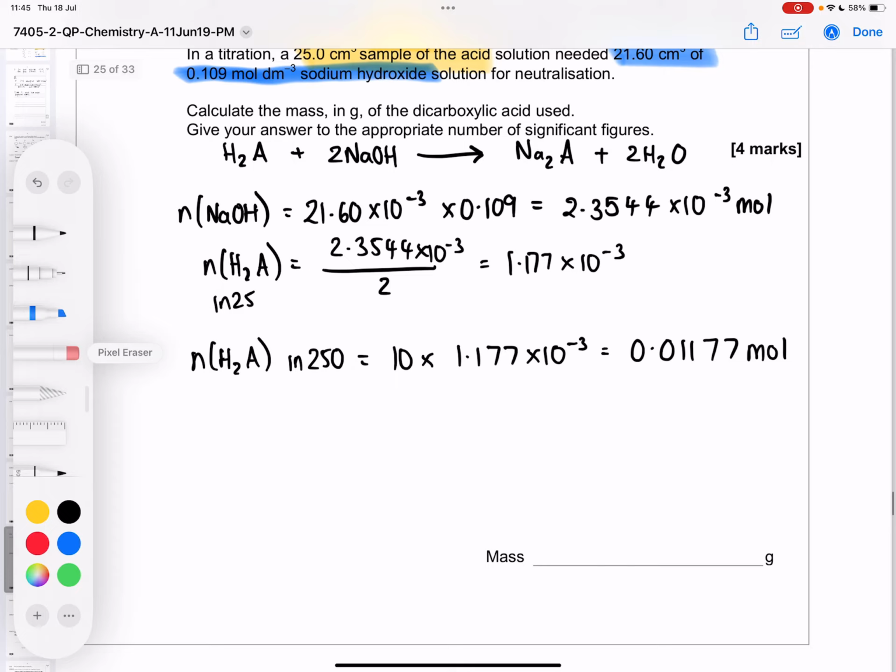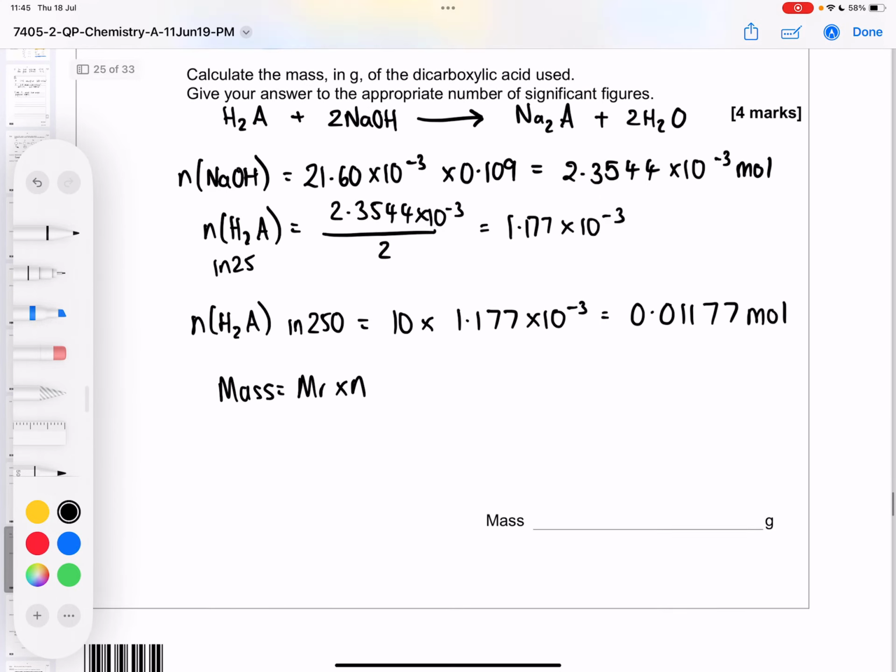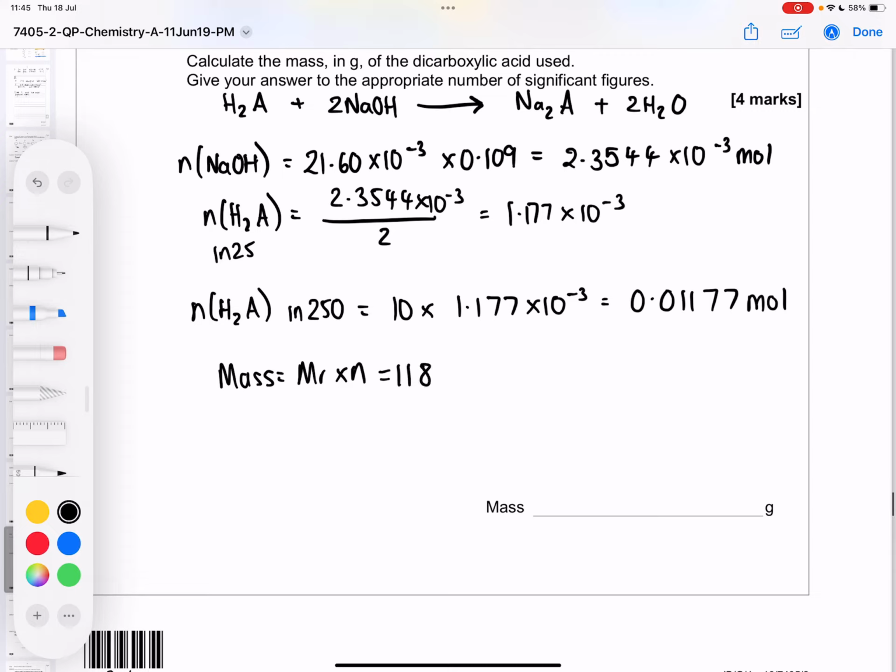And then mass is Mr times moles. We know the Mr because we had it up here, 118. If we multiply those, we get 1.39 grams.